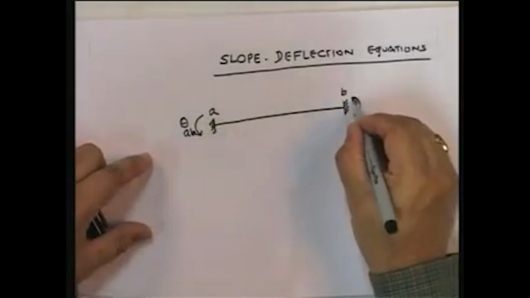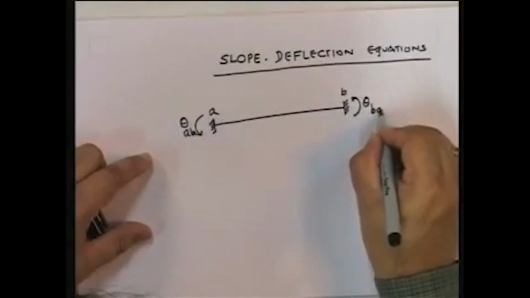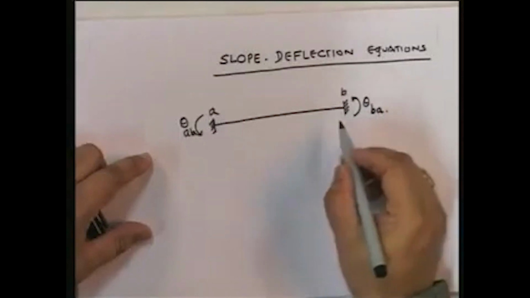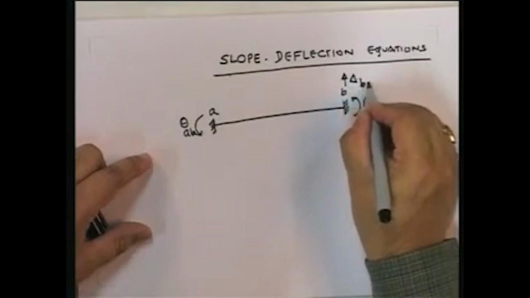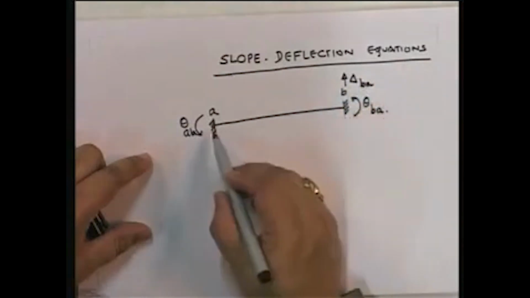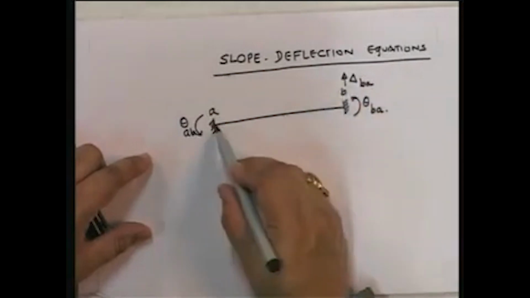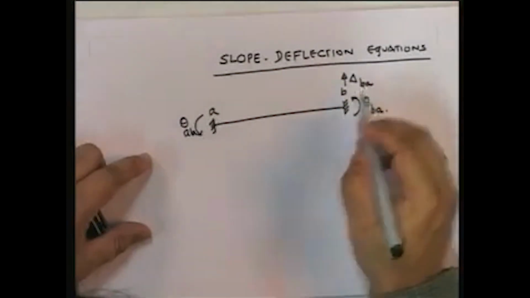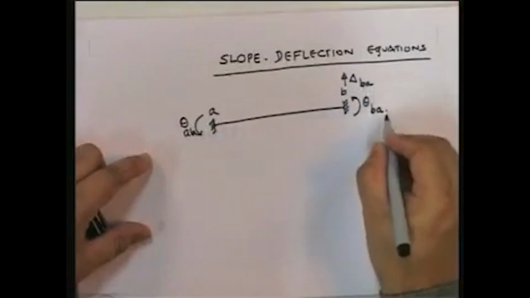There is the rotation theta BA, and then there is also the delta BA, which is the lateral displacement of B relative to A. Please remember that. It is relative to A, that is delta BA. Okay.